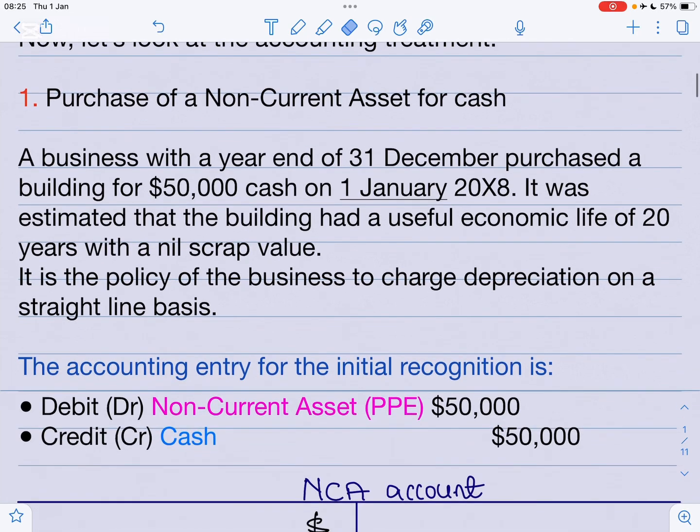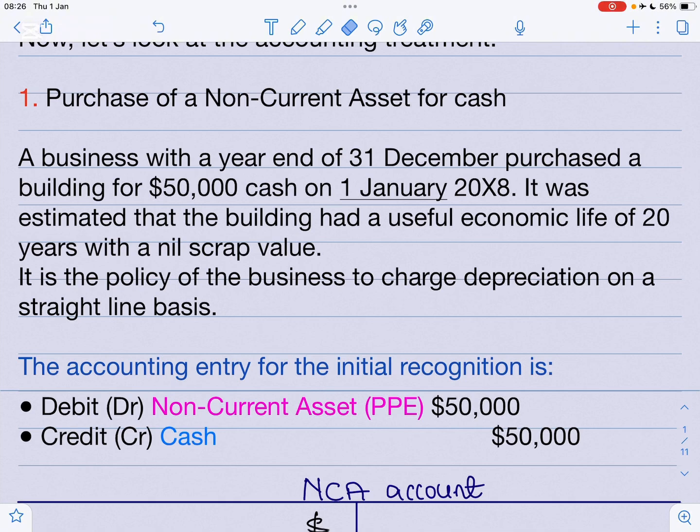There's a question here that will be our guide. A business with a year end of 31st December purchased a building for $50,000 cash on 1st January 20x8. It was estimated that the building had a useful economic life of 20 years with a nil scrap value. It is the policy of the business to charge depreciation on a straight line basis.